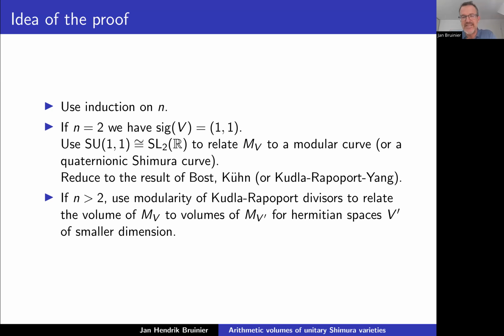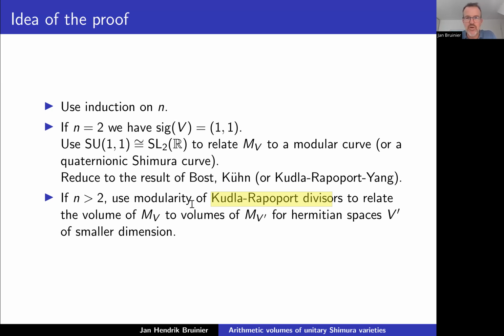And in the Kudla program, one actually looks for arithmetic variants of such results on integral models of Shimura varieties. And it is known that Kudla-Rapoport divisors on unitary Shimura varieties, which are the analogs of these Hirzebruch-Zagier divisors, are the coefficients of an elliptic modular form of weight n.